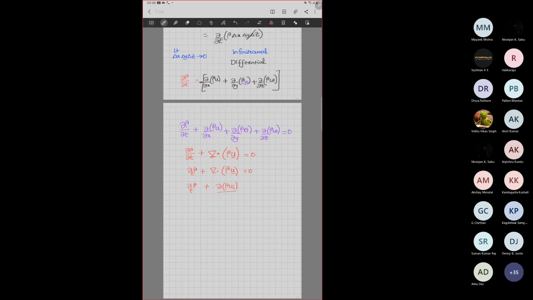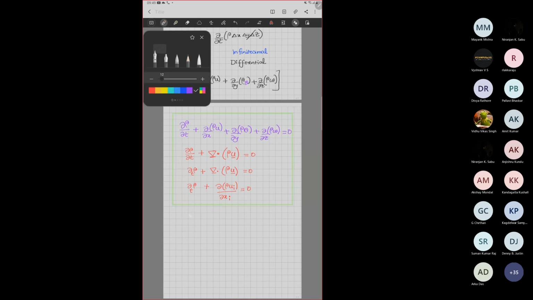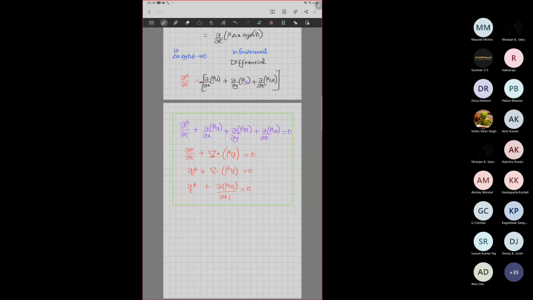This entire thing is what we call conservation of mass.